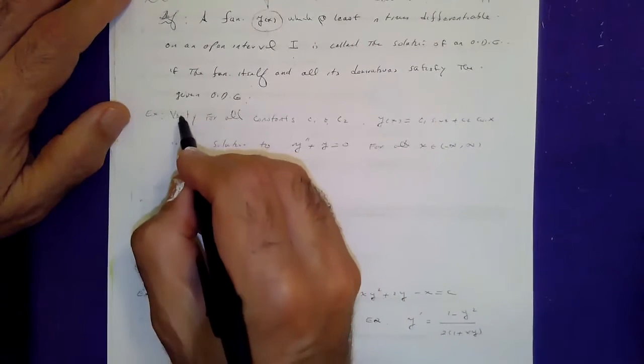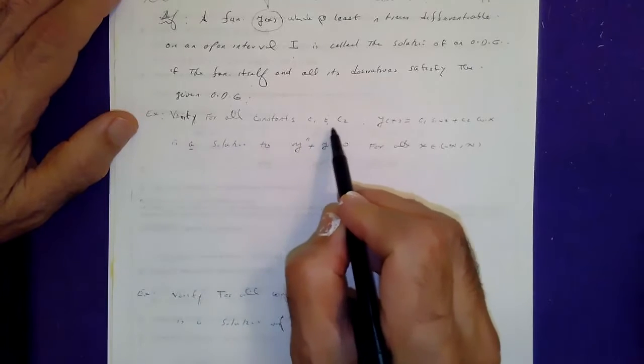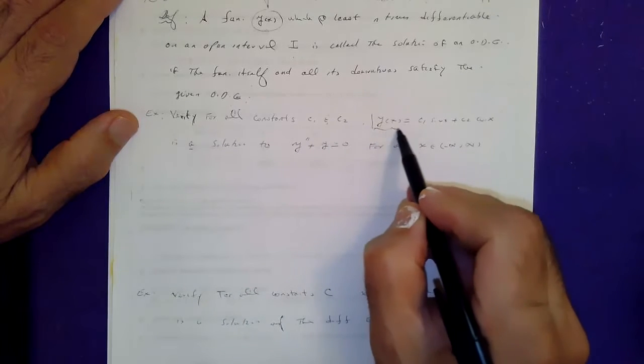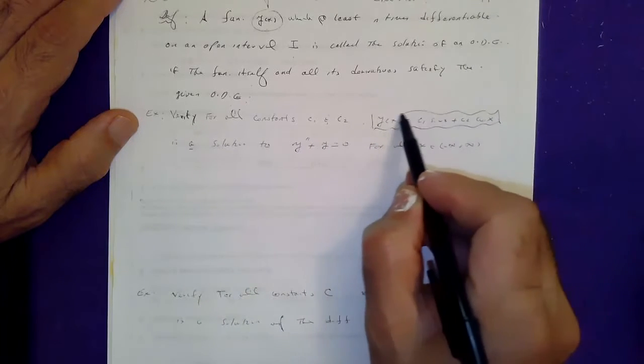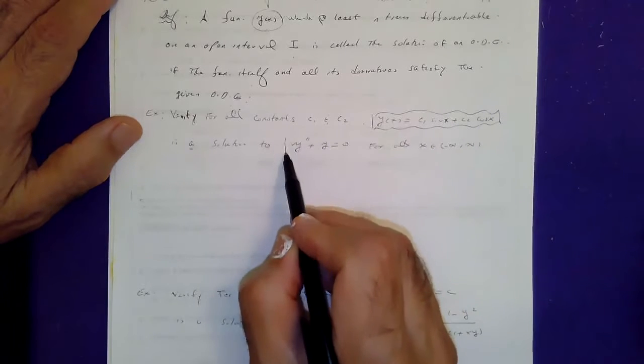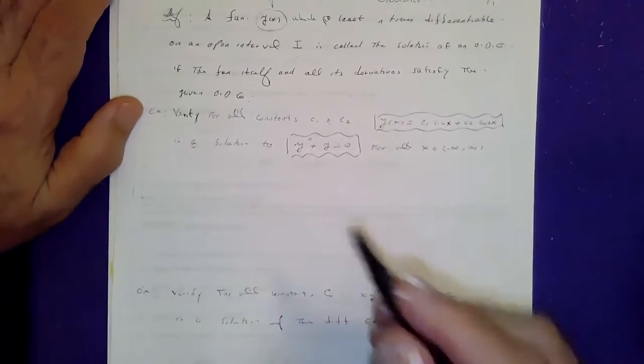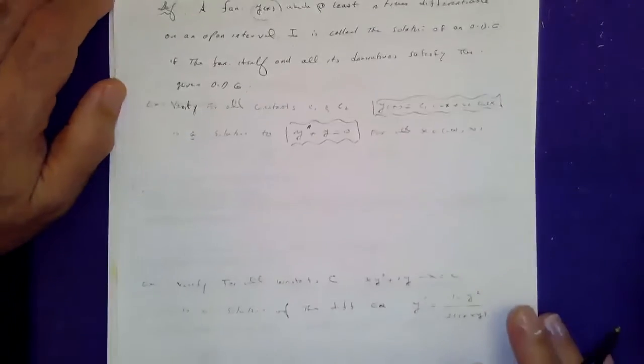So the question here is to verify, that means determine, for all constants c1, c2, whether y of x equals c1 sine of x plus c2 cosine of x is a solution to this second order differential equation, y double prime plus y equals 0.